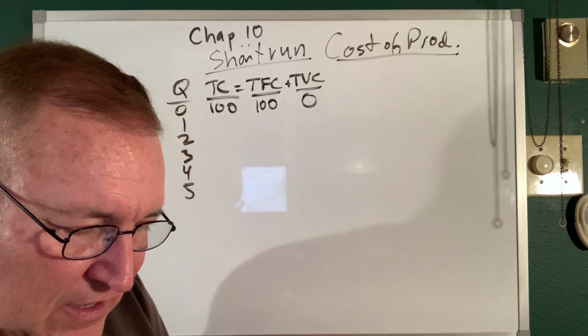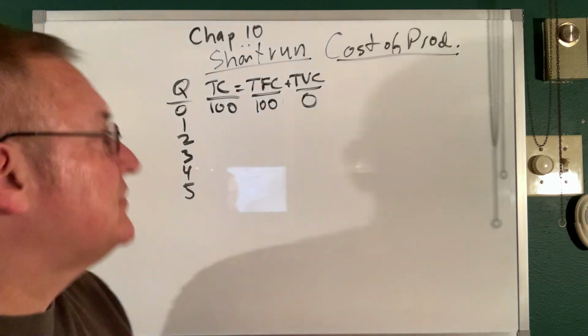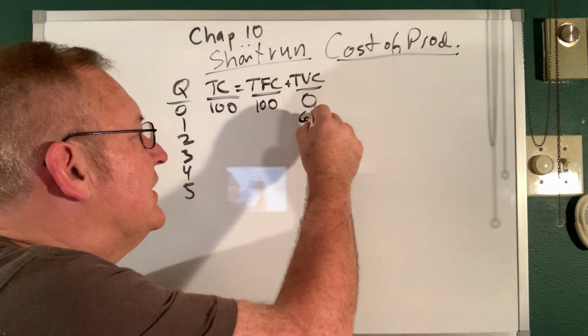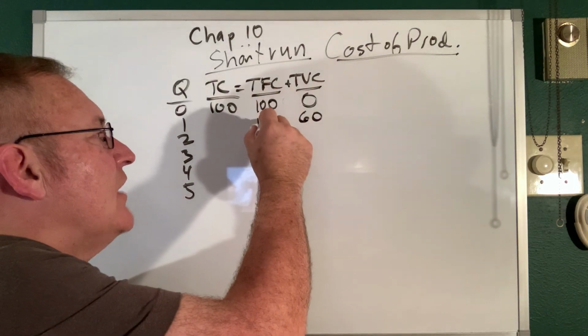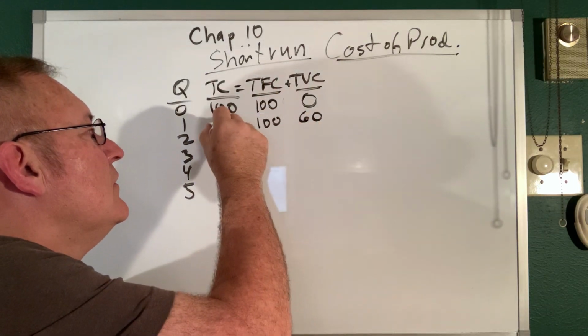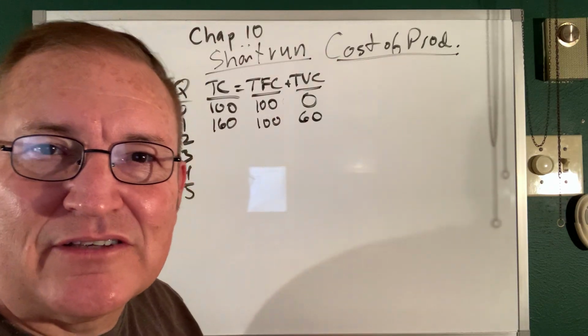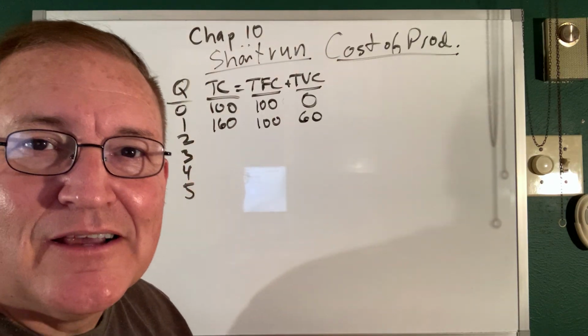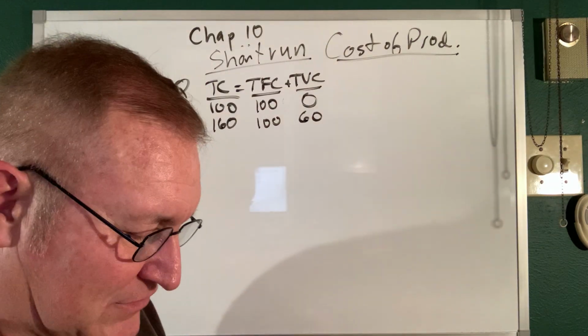So in other words, if I said that my variable cost for the first snow cone was 60, right? Well, I know my fixed cost is 100, so my total cost is going to be 160. I guess snow cones don't really make sense, because a $160 snow cone isn't going to work, so we'll have to pick something else out.